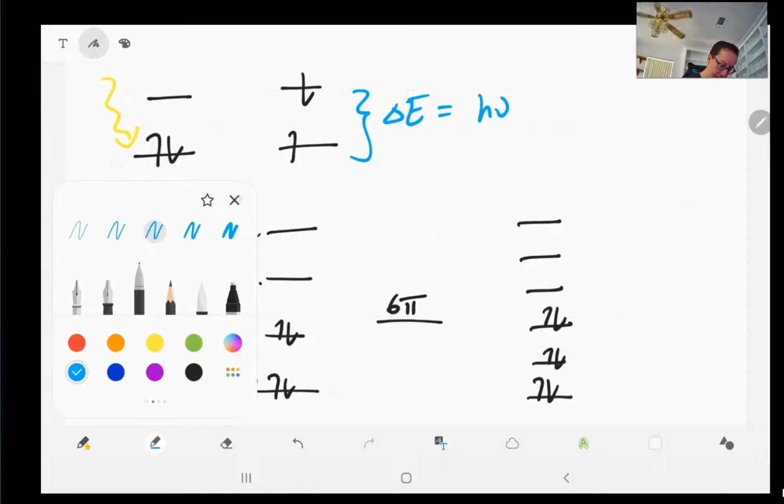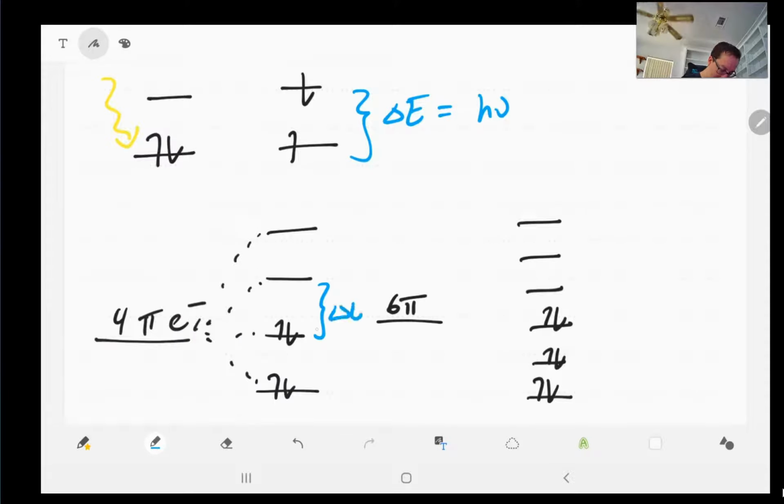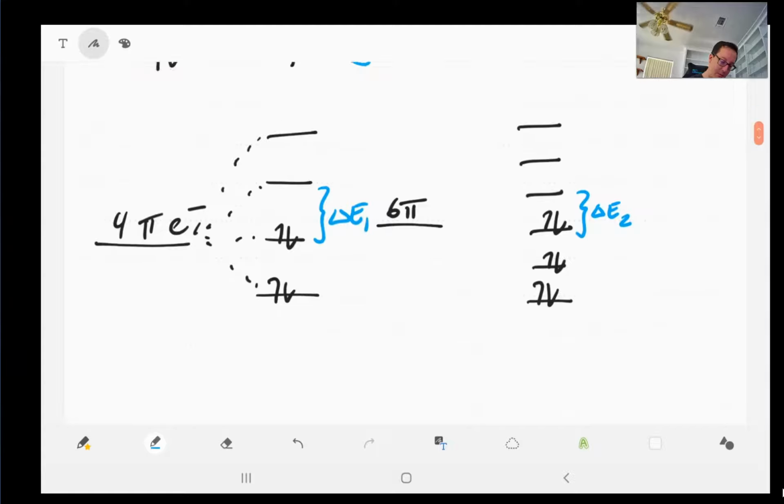What's important to note, however, if we are promoting an electron from the HOMO to the LUMO using UV light, is that if we have more orbitals, a greater number of orbitals, the energy gap actually gets smaller. And so if your energy is getting smaller, what does that mean about the wavelength of light?